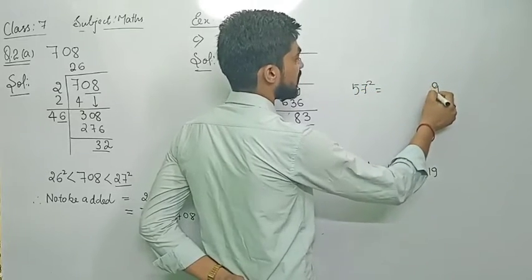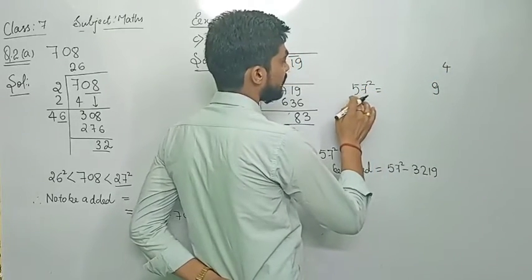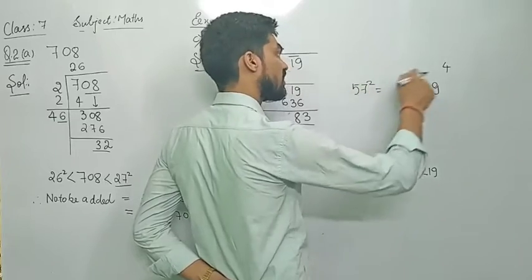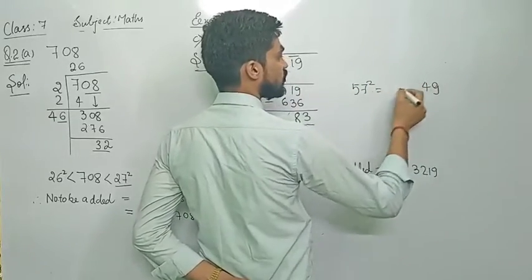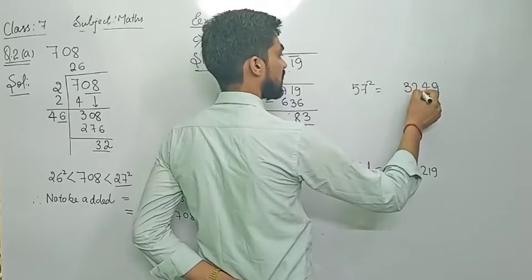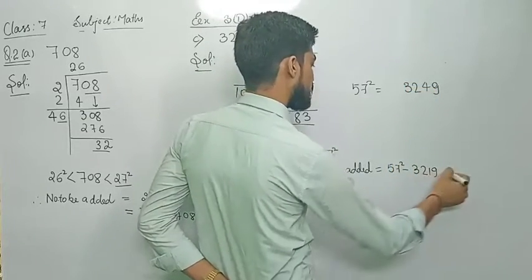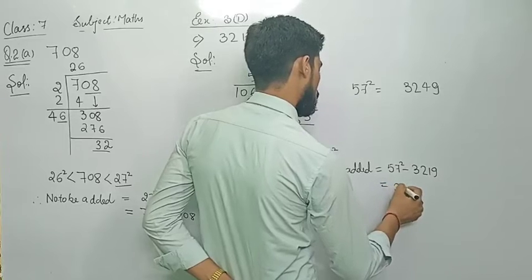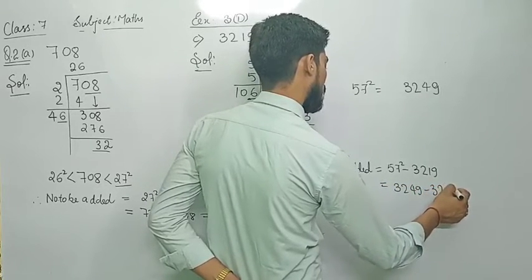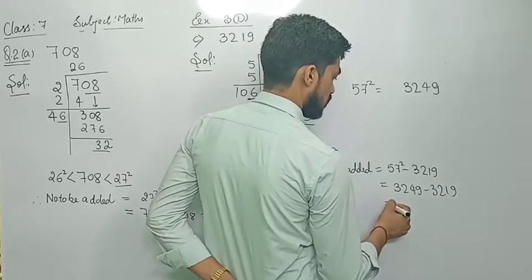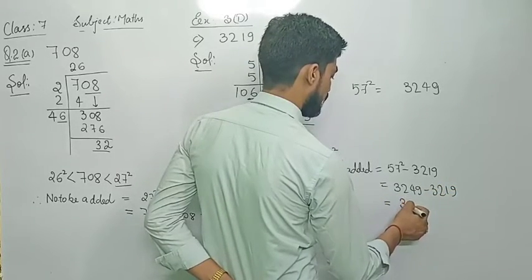7 7s are 49, 4 carry, 7 5s are 35, plus 4, 74, and 5 5s are 25 and 7, 32. So you will write 3249 minus 3219 is equal to 30.